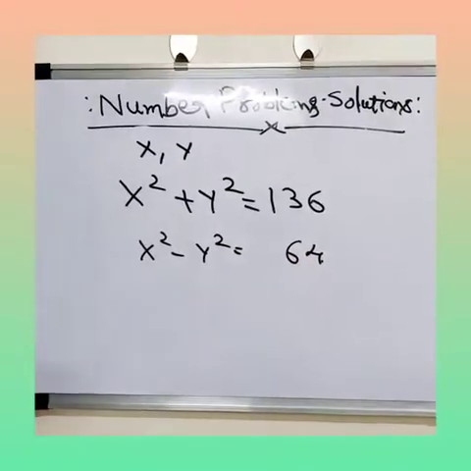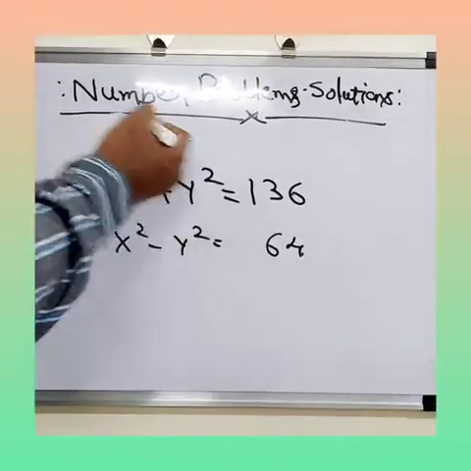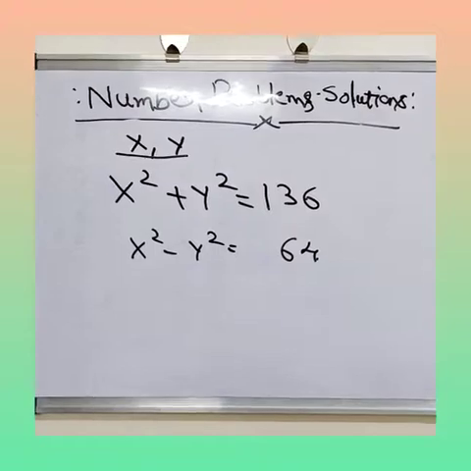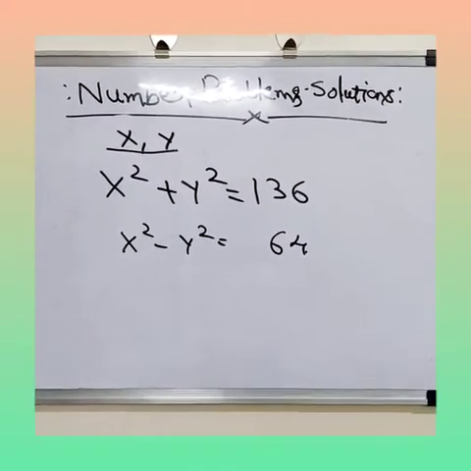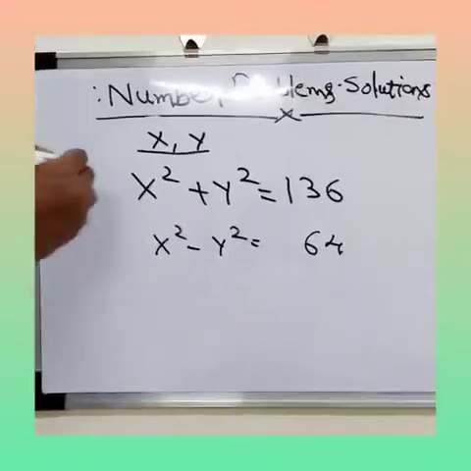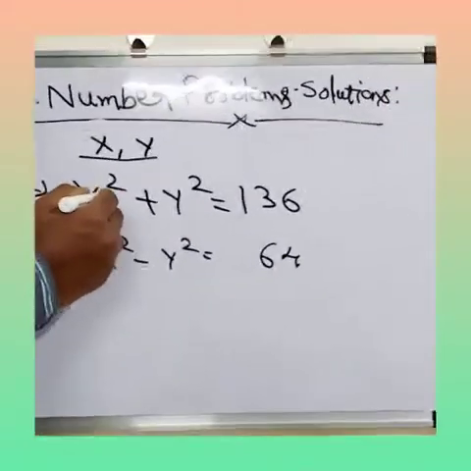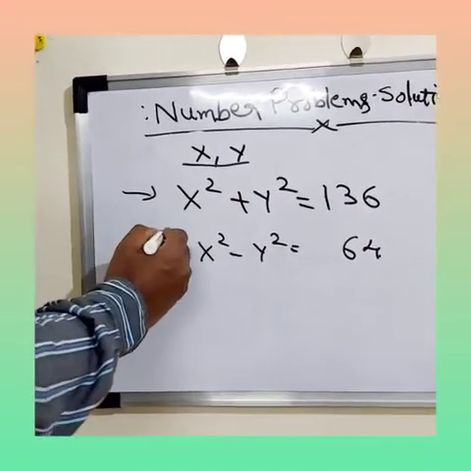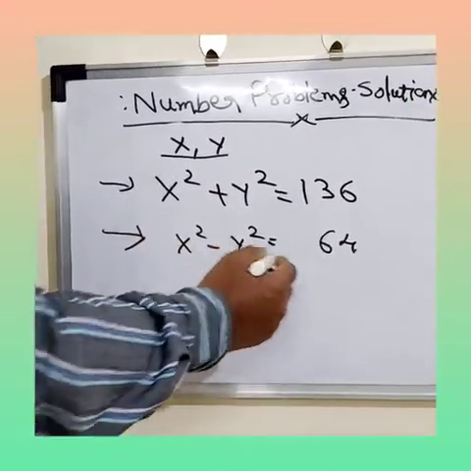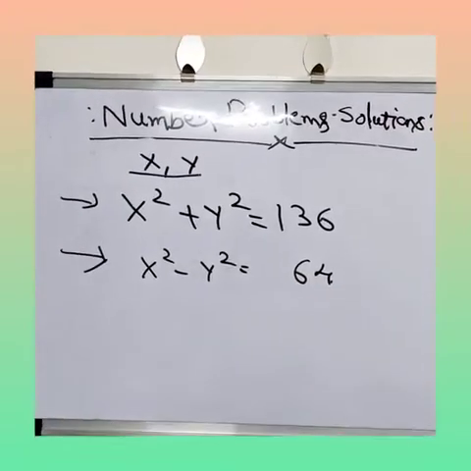Then we need the multiplication of these two numbers, that is, the product of the two numbers. So the first condition is x square plus y square is 136, and the second condition is the difference of the squares of the numbers, which is 64.